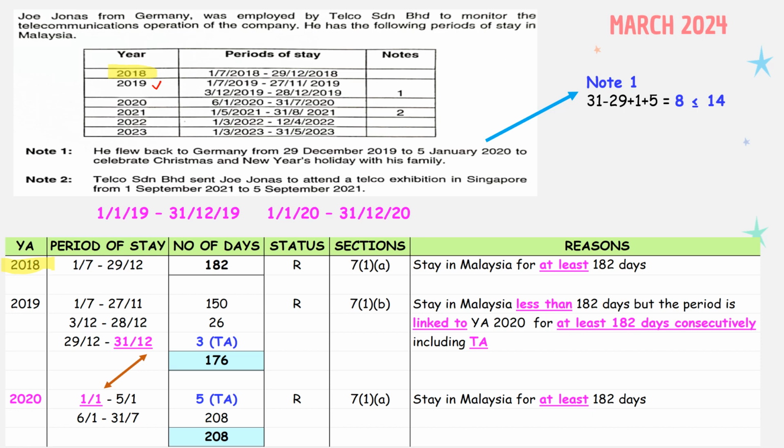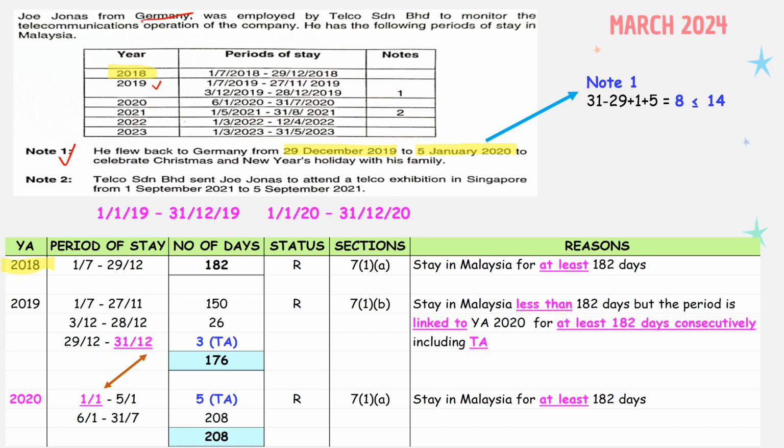Alright? Okay, let's take a look at note number 1. Alright. He flew back to Germany. Remember, he is from Germany. Meaning to say he went back to his home country. Okay, starting from, look at here, starting from 29 December 2019 until 5th January 2020.